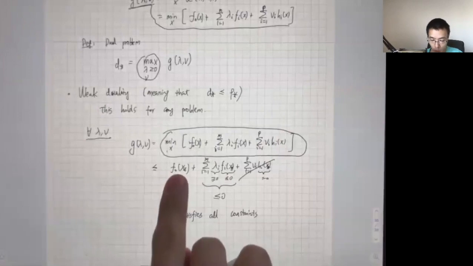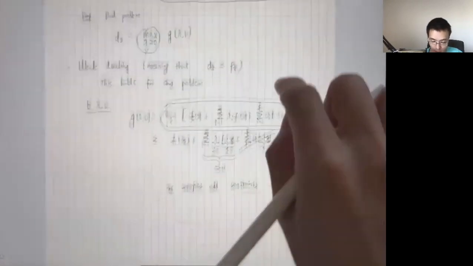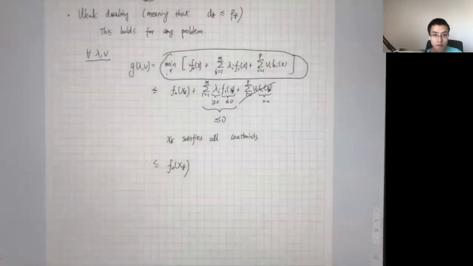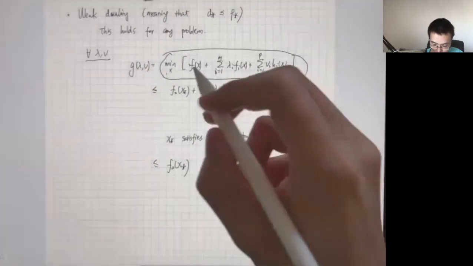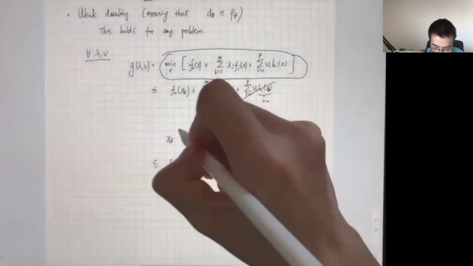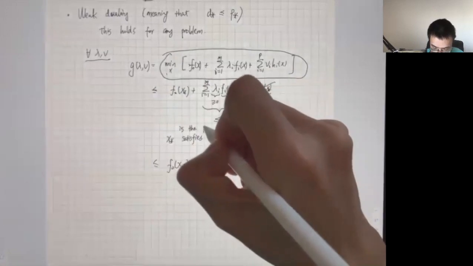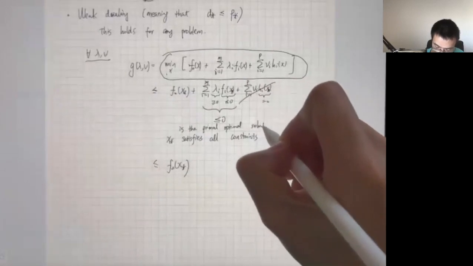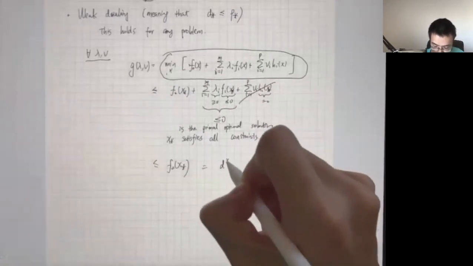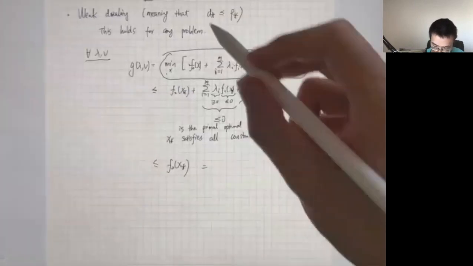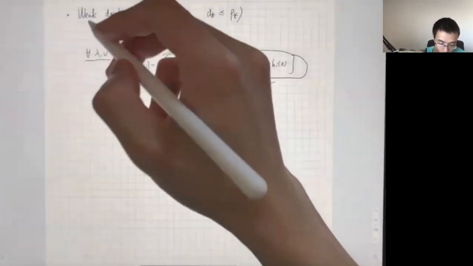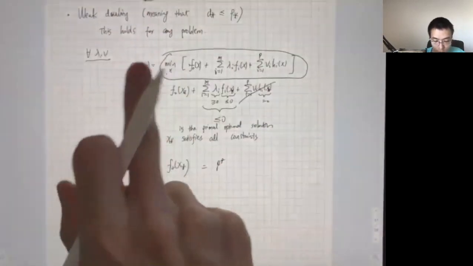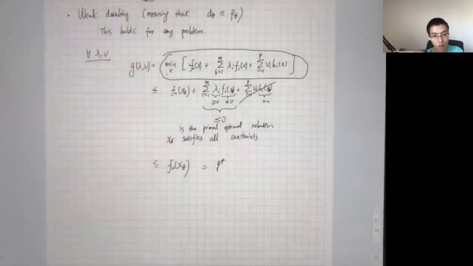So I have a value subtracted by some number, then it's definitely less than or equal to the value, where x star is the primal optimum solution. So this is exactly P star by definition. And I'm saying for all lambda and nu, so of course if I take the maximum, it still holds. So D star is less than or equal to that.